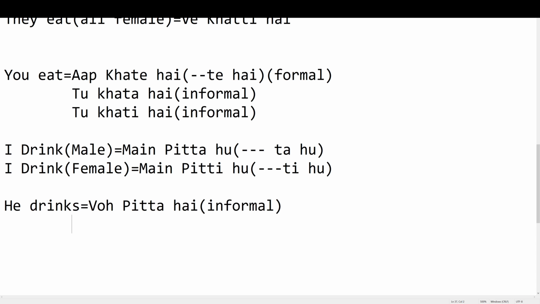Formal, वह पीता है. वह पीता है. वो पीता है. Formal.